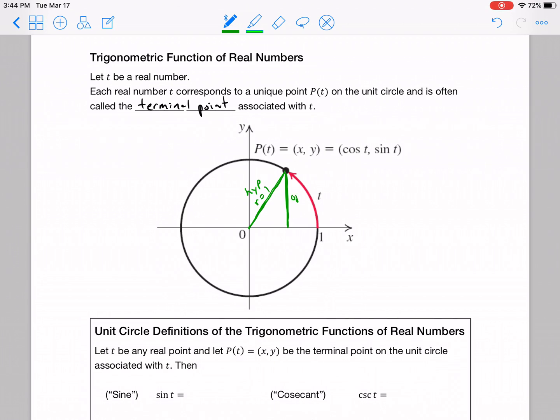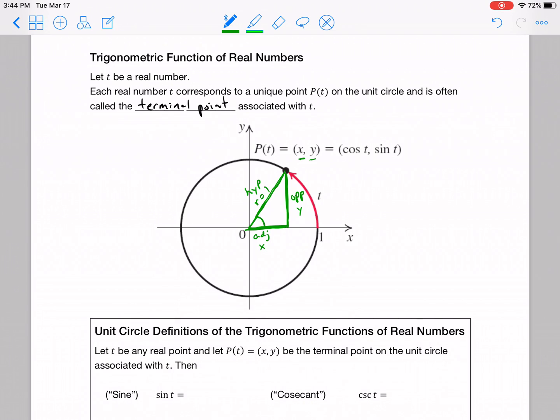We'll call this the opposite side, and it's going to be y, the y value of wherever we ended up. It'll be this y value right here. We're going to have how far out we go in the x direction. That'll be our x value right here, and we're going to call that our adjacent side, or the x side.